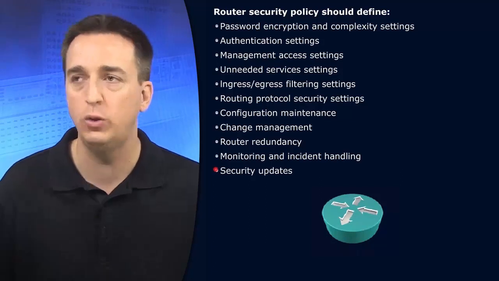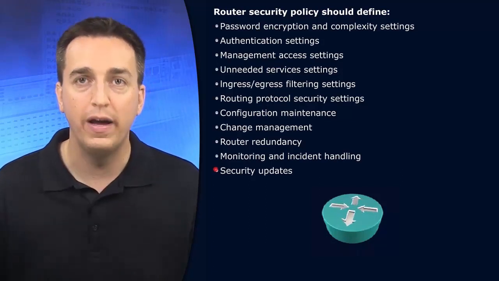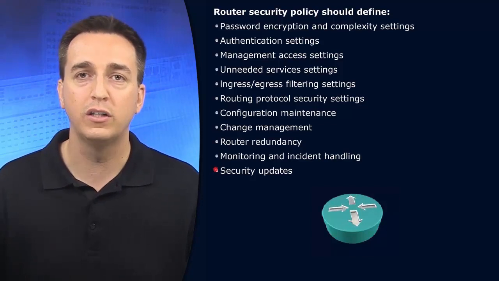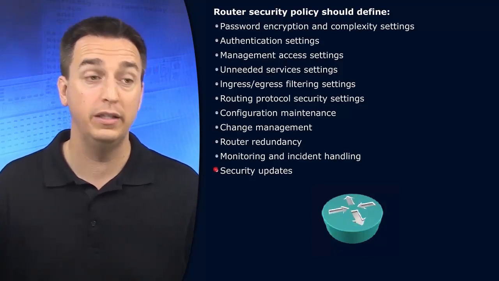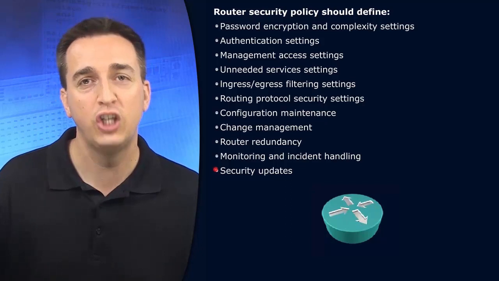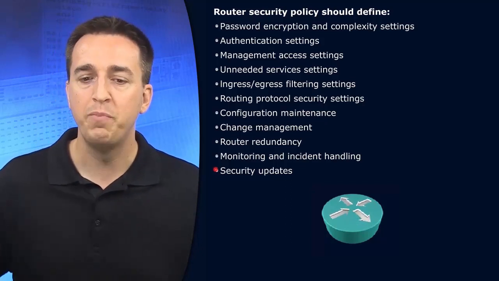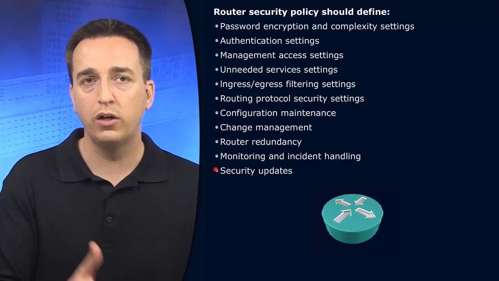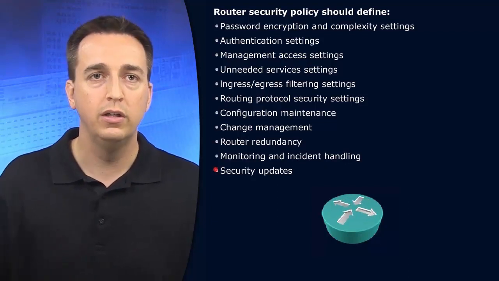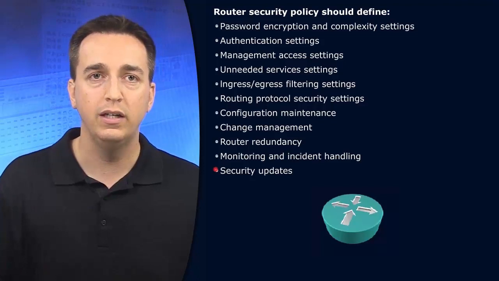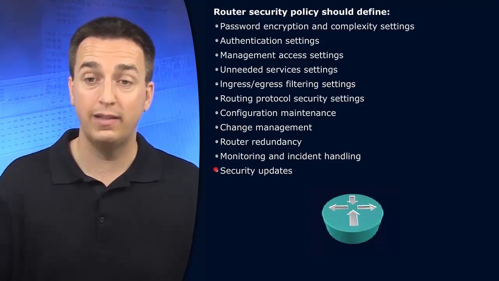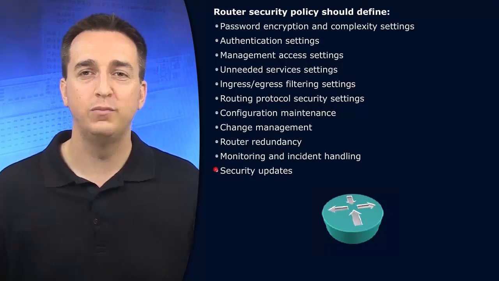We have to fix it. You can't go 5 years without patching your devices, because in that 5-year time frame, you have been exposed to many different vulnerabilities that have been fixed. You have just chosen not to fix it. So there has to be procedures in place to make sure that we are constantly following a regular schedule of maintaining the updates, the fixes on our routers to make sure that they aren't being exposed to those malicious users.